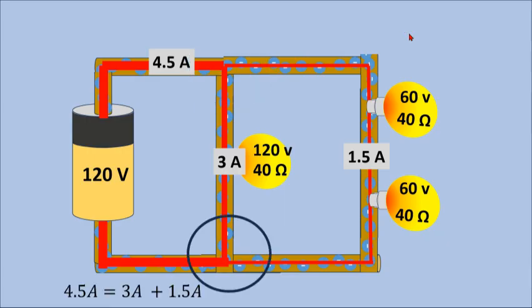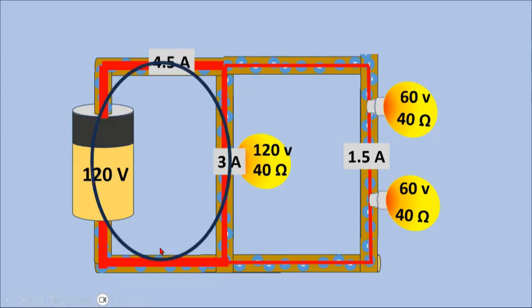Then what about this junction down here? You can look at any junction, and this should hold up. 1.5 comes in this way, 3 comes in this way, and they add up to 4.5, which is the total current.